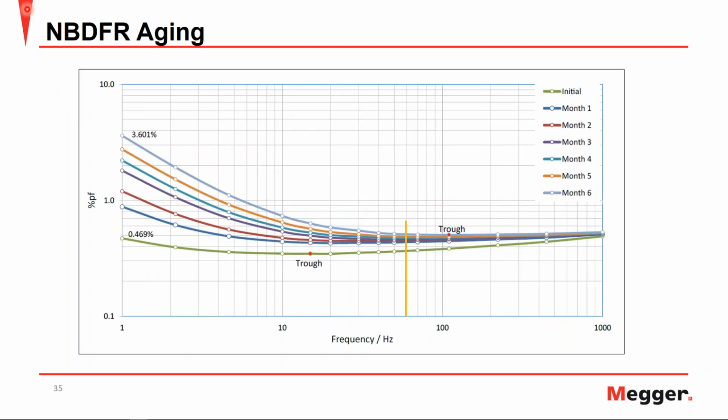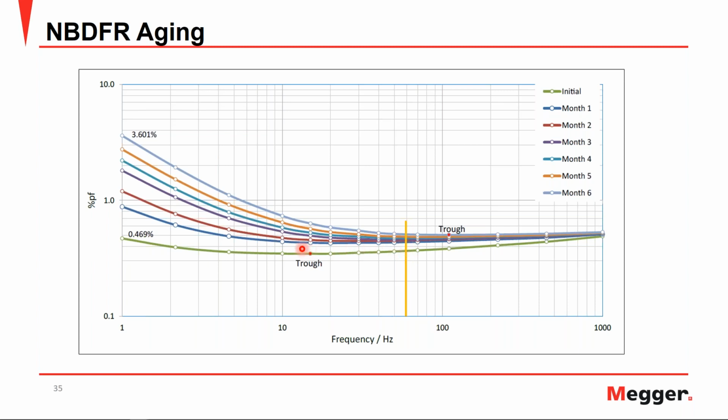Here we have narrowband DFR and how it looks as a transformer ages. In this condition, we had a transformer that was overloaded for 6 months and monthly measurements were taken. 500 hertz is here, so the cutoff is here, but we can obviously see that our 60 hertz value does not change very much throughout the 6 months. But if we look at the 1 hertz value, it goes from 0.469, or 0.47 let's call it, to 6 months later being at 3.61, while your 60 hertz value doesn't change very much.